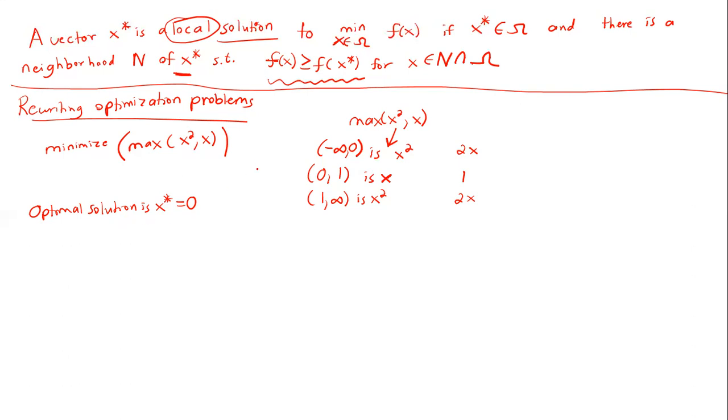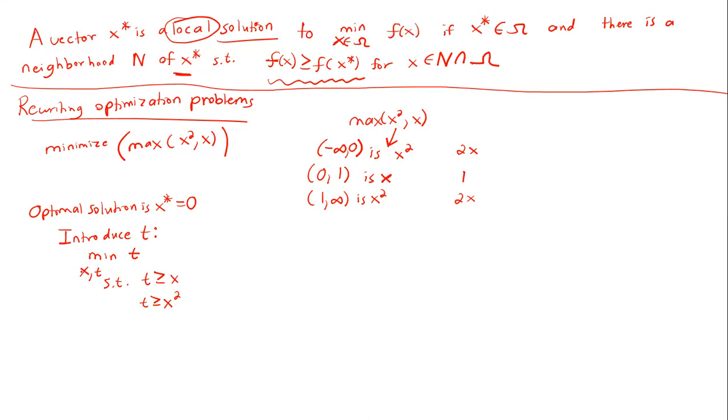But if we want to reformulate this problem, we can get something where it doesn't have this kind of potentially problematic form. We could introduce a new variable, t. This is an artificial variable that's not in the real problem, but we could say minimize t. Now we're going to have x and t be our decision variables, subject to t has to be greater than or equal to x, and t has to be greater than or equal to x squared.